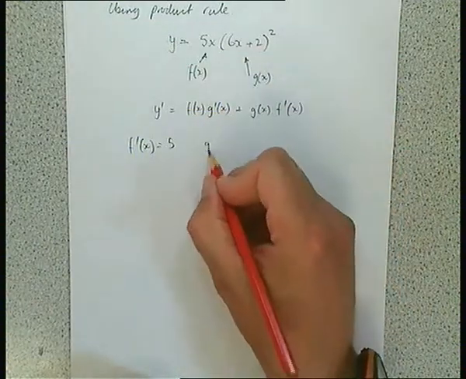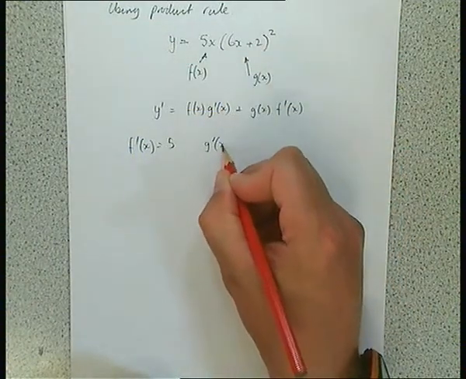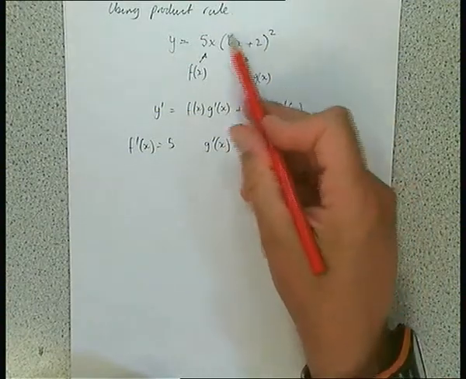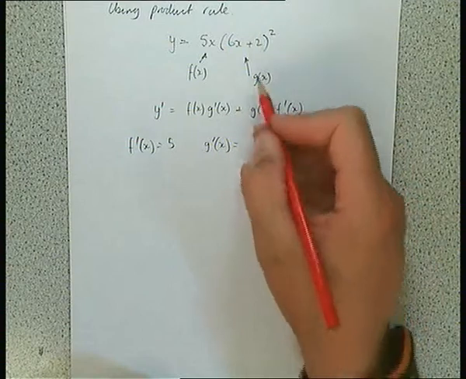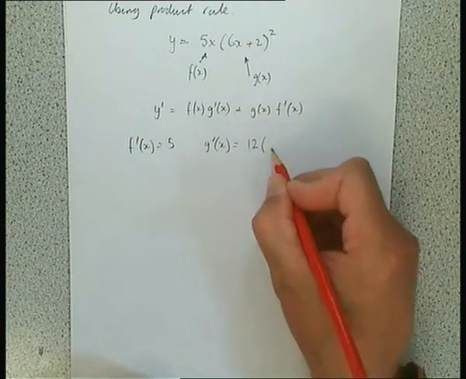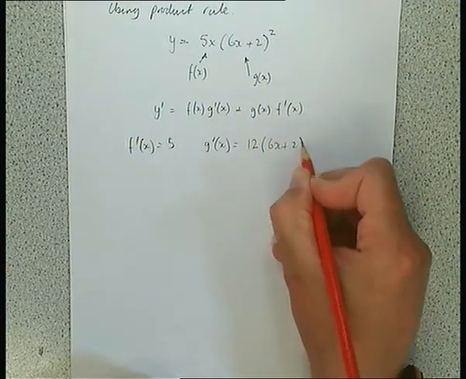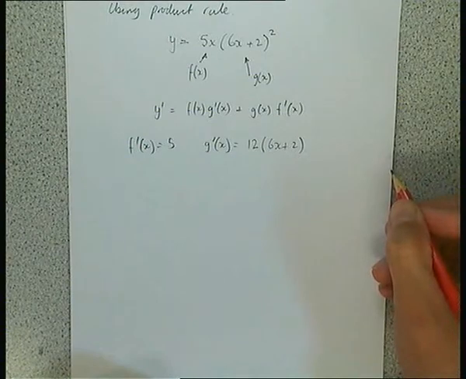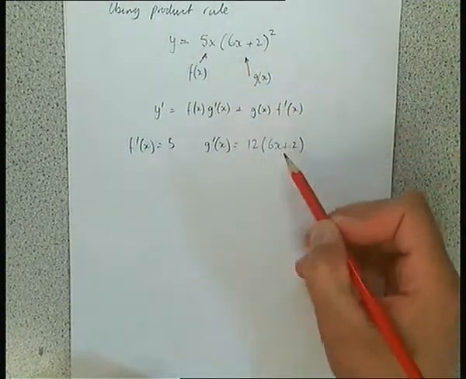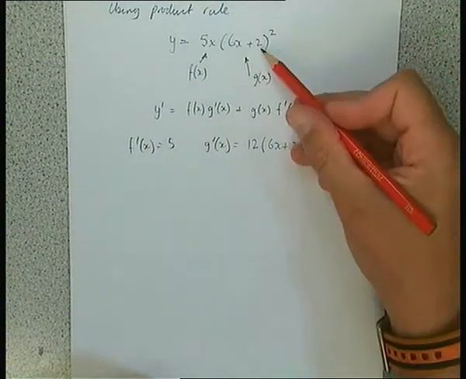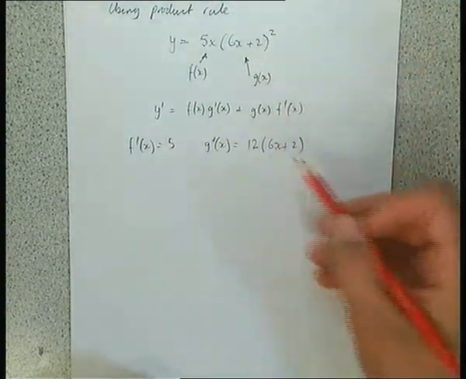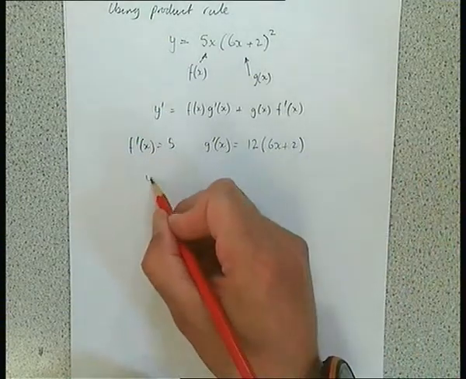We know that g of x is this here, so g dash of x is going to be (6x + 2) squared differentiated, which is 12(6x + 2). I'm not going to multiply that out or tell you to do that, but you can use the chain rule yourself to get to this and then use your product rule.